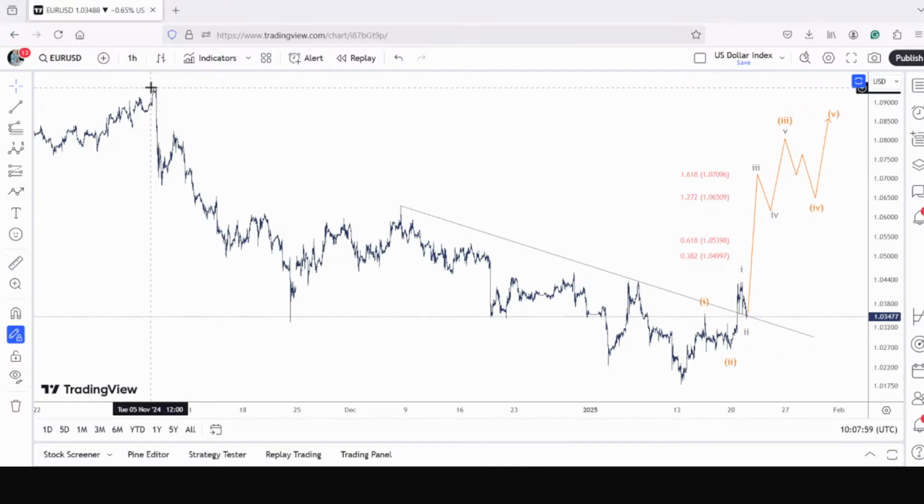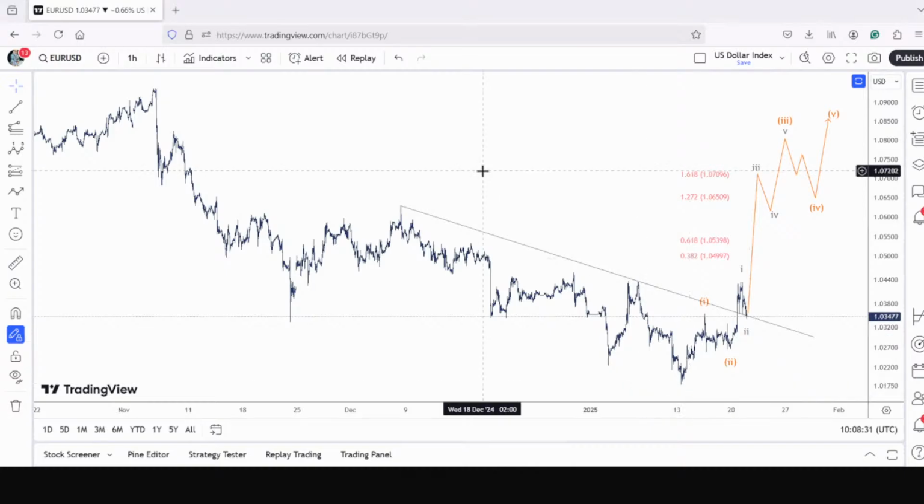What is it, 1.09? It's quite possible, because remember we are going to go five waves higher from here. Let's see how the path is unfolding now. That's the story for Euro. On the long side, this could be the last opportunity if you are wanting to get on the long side. And the stop loss for now we maintain at 1.01.